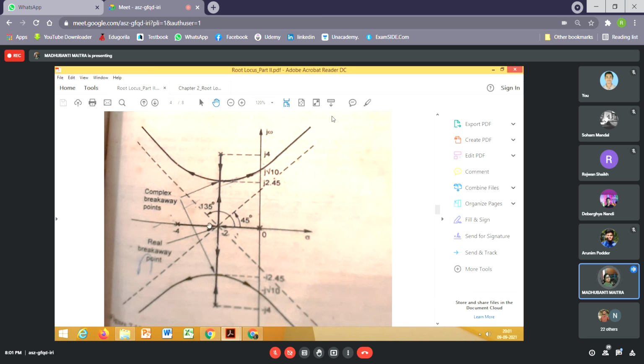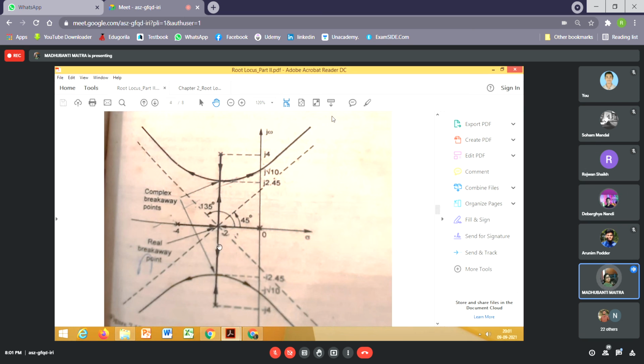These two root branches will meet on the real axis at this particular point, which is a real breakaway point. After breaking away, these two real root branches will form complex conjugate root branches like this, one is this one, the other one is this one. Again, this root branch is coming from here, this one is going in this direction, so they will meet at this point, which is a complex breakaway point.